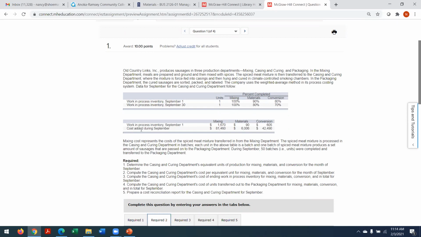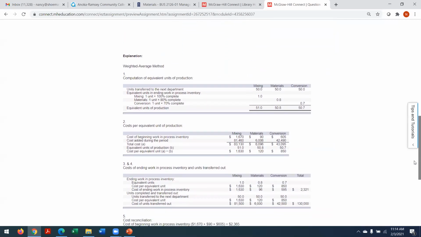We also have the costs that were added during September here. So we total them. We get the equivalent units of production from our first requirement: the 51, the 50.8, and the 50.7.